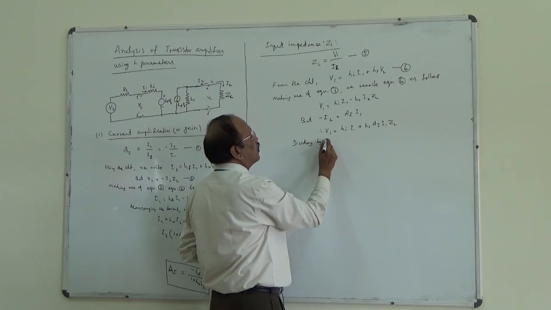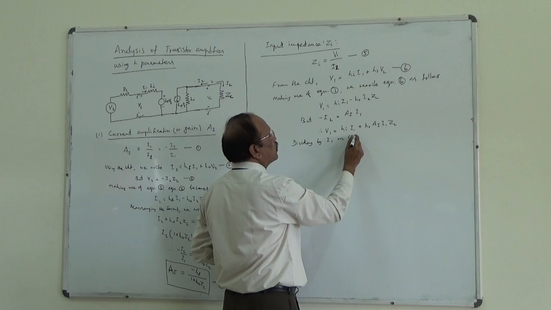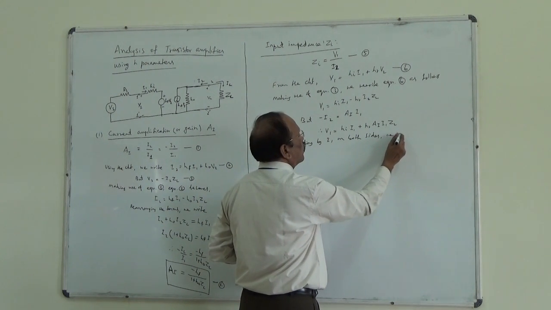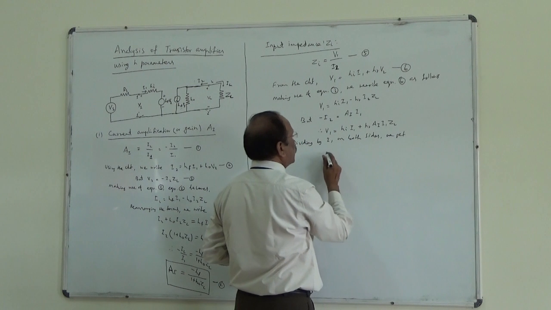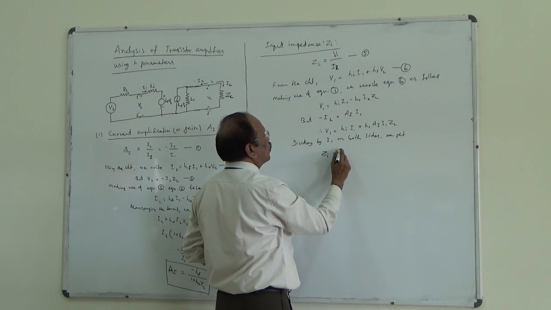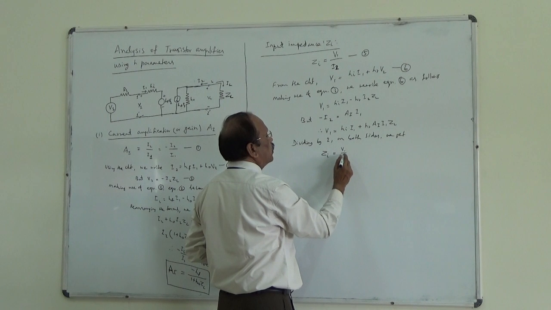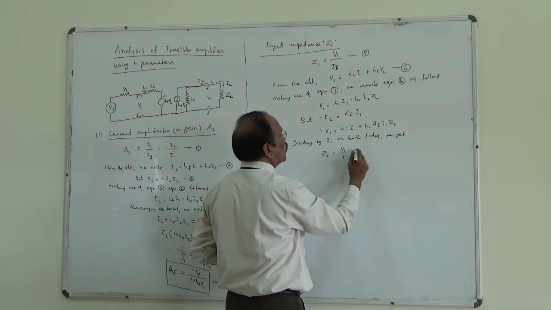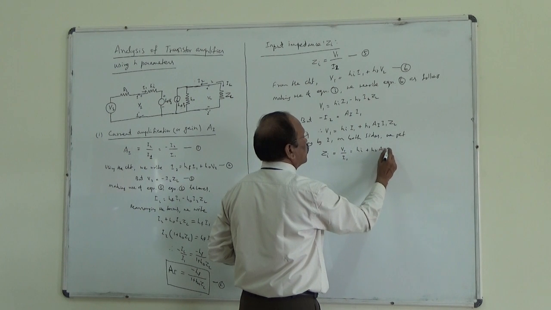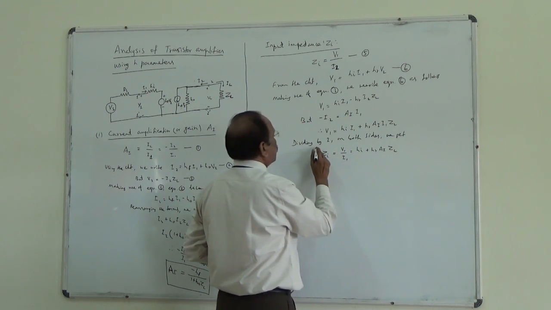Dividing by I1 on both sides, we get Zi is equal to V1 by I1 is equal to Hi plus Hr into A into ZL.